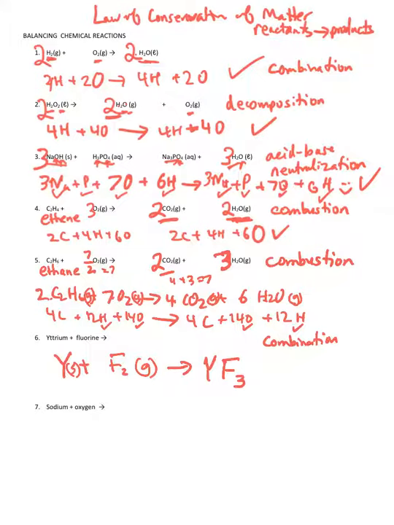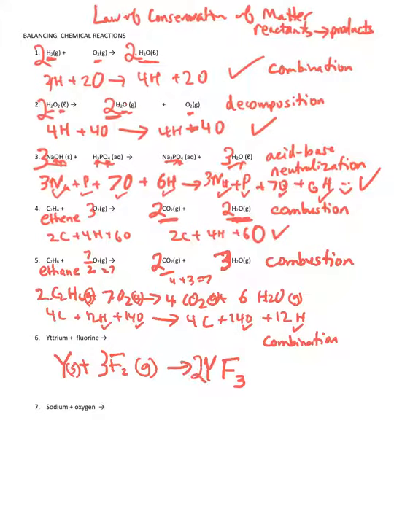1 yttrium on the reactant side, 1 on the products. That's good. Got 2 fluorines on the left, 3 fluorides on the right. So to get that to balance, let's multiply the side that's 2 by 3 and the side that's 3 by 2.